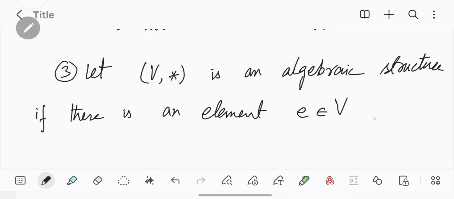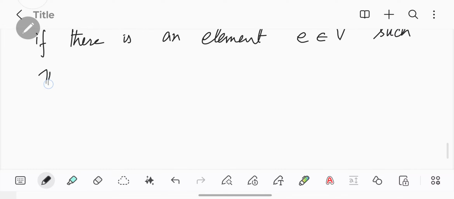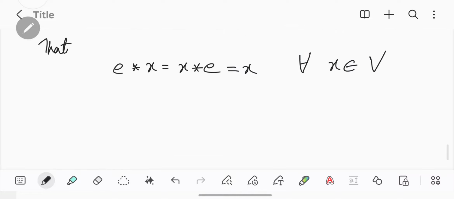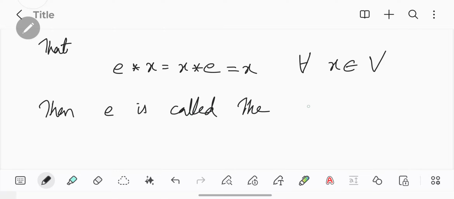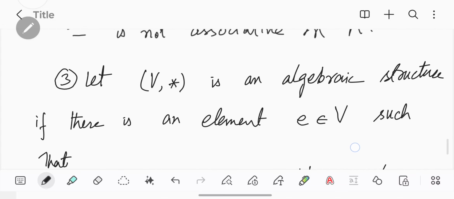It belongs to V such that E star x is equal to x star E is equal to x for all x in V, then E is called the identity or the neutral element. What is meant by this?